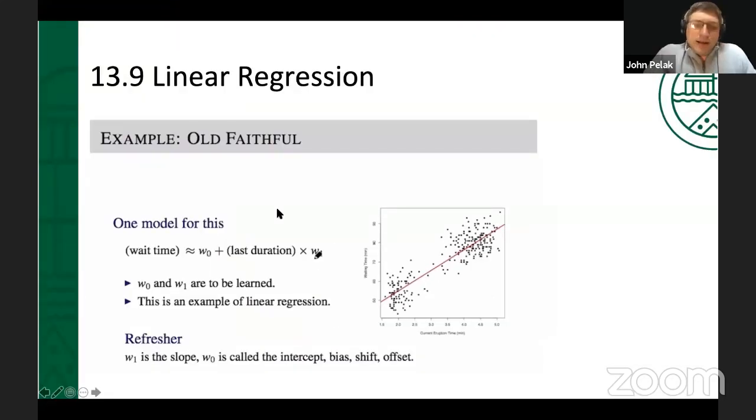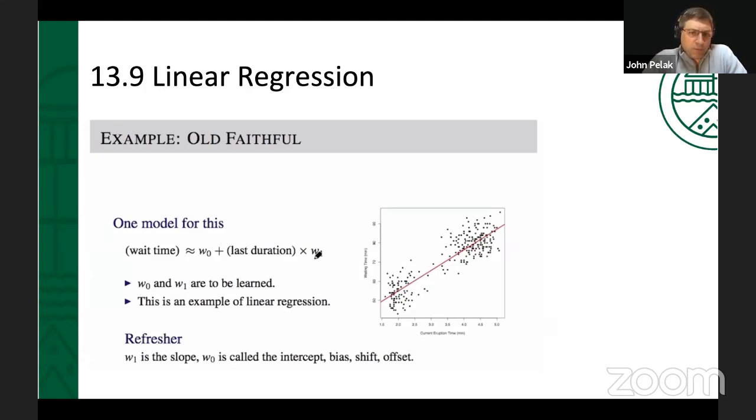All right, so now back in our current slide deck, the professor switches over to doing a linear regression model and uses Old Faithful, the geyser in Yellowstone National Park in the US, as the example case, where we're trying to predict how long we're going to need to wait for the next eruption of the geyser.